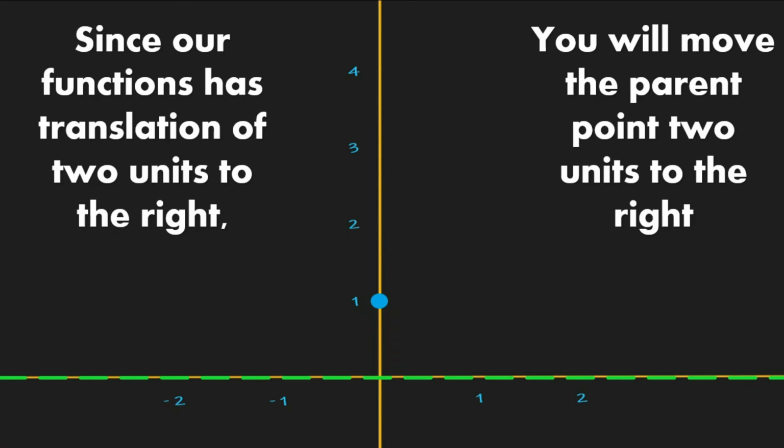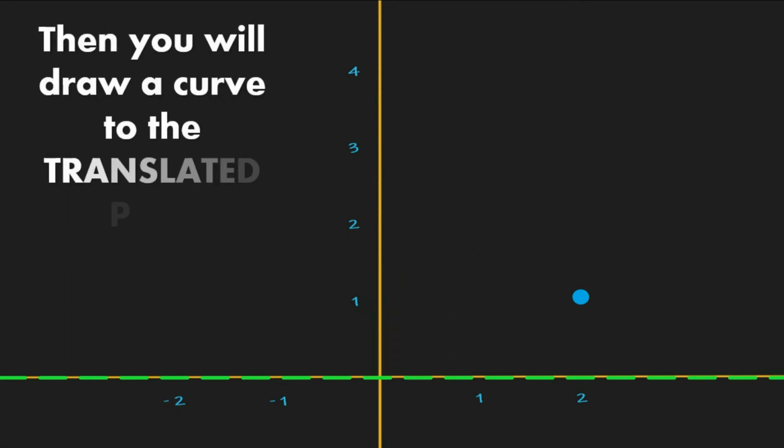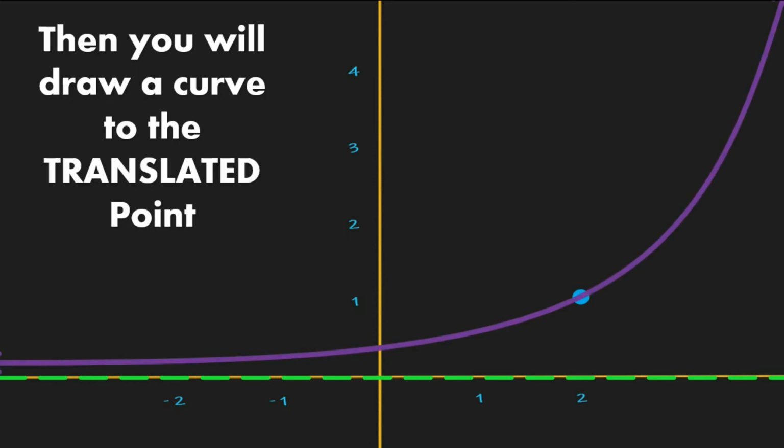From 1, move ka ng 1, 2. 2 units. And then draw your point doon sa last part. Then, you will draw your curve to the translated point o yung ating point na nagalaw. So, drawing mo lang yung curve mo doon like this. And this will be now the graph of our function.